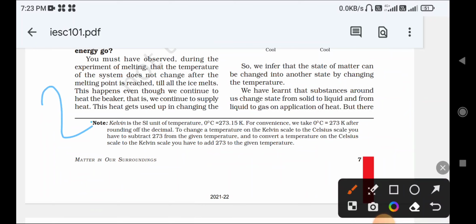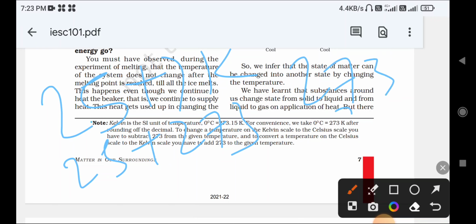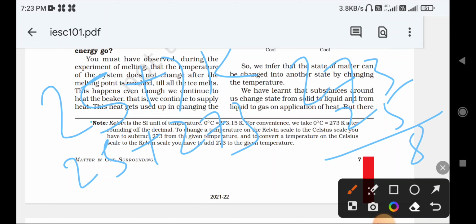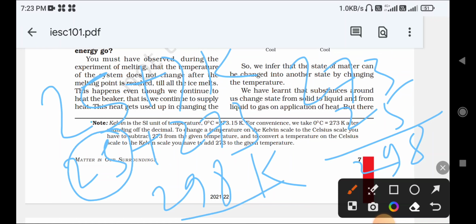For example, to convert 25 degrees Celsius into Kelvin scale, you have to add 25 to 273. 273 plus 25: 5 plus 3 is 8, and 7 plus 2 is 9, so 298. So 25 degrees Celsius is 298 Kelvin.